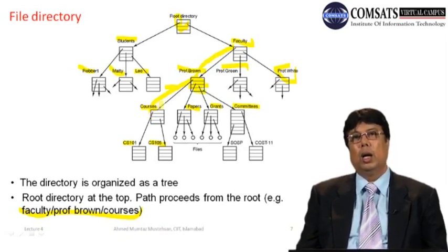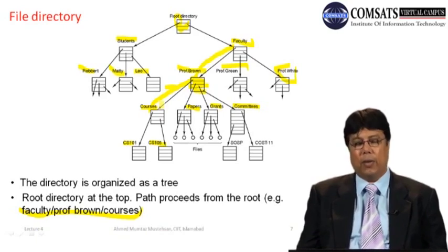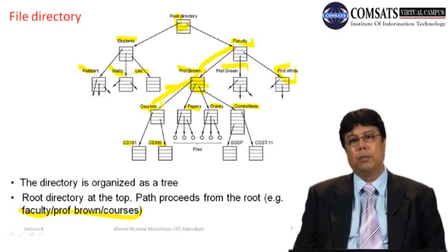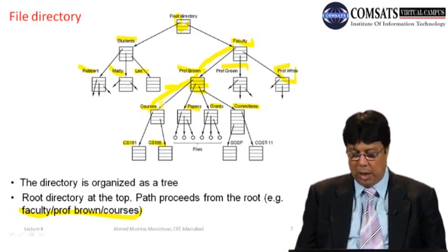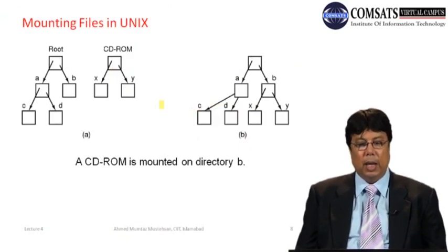And then if you use a command to list the files, you will find the courses CS101 and CS105. So this is the way through which the files are retrieved.